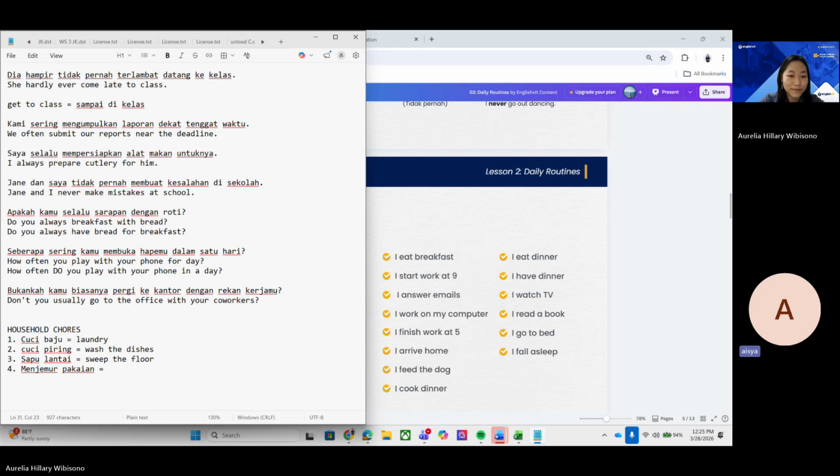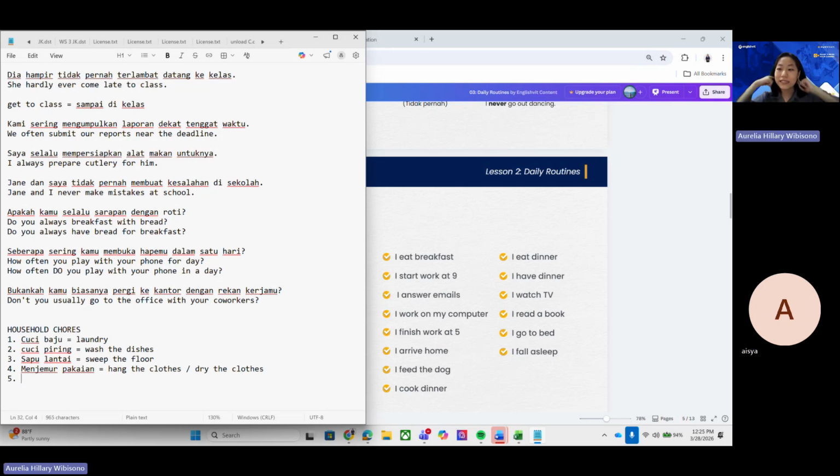Menjemur, kalau dry, masa dry? Bukan. Hang? Is that hang? Yes. You can say hang the clothes or dry the clothes.